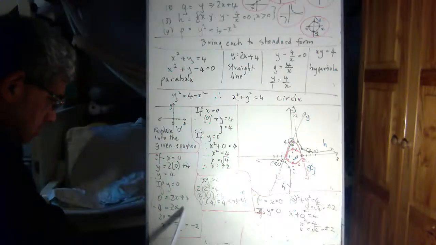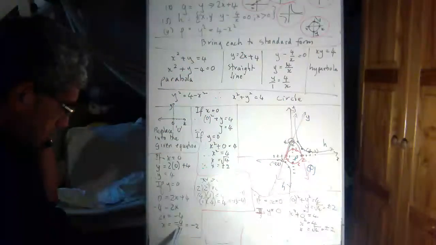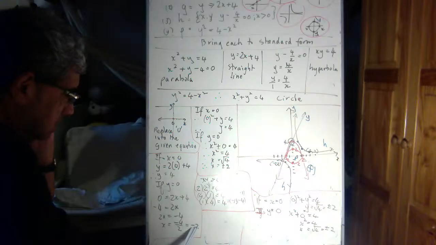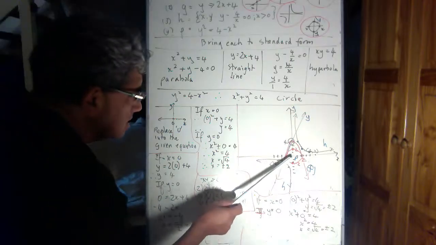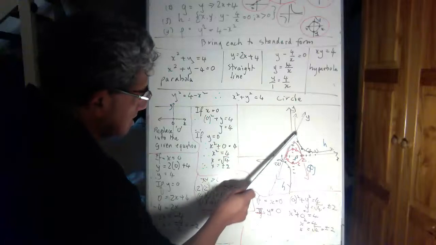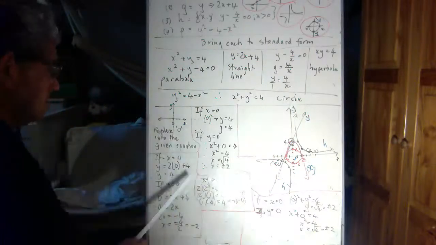So x is equal to what's on the other side divided by what was next to x, which is 2. The answer is minus 2, because minus 4 divided by 2 will give you minus 2. And now that is the x value. So you plot minus 2. These are the 2 points and you draw the line. That's a straight line. So you've done that one now.